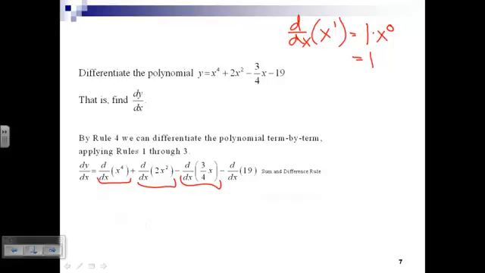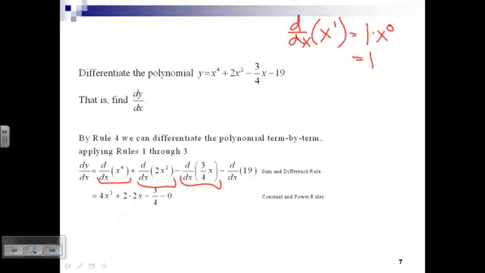Yes, Nicole? Wait, so that was just why you would use the constant? I'm going to pull the constant multiplier out, but when I take the derivative of x, it ends up being 1. What about in the second one, you said you used the constant multiplier? Yeah, we pull the 2 out, and then we work on the power rule for the x. Because it had a constant. Right. Okay.